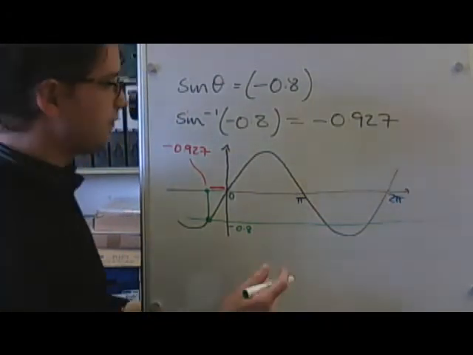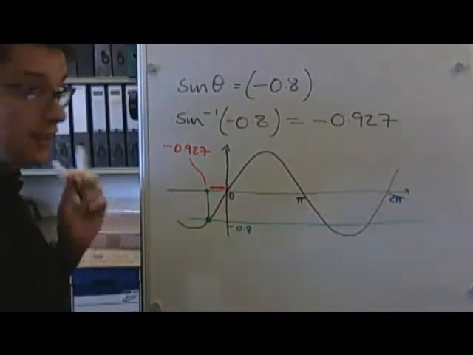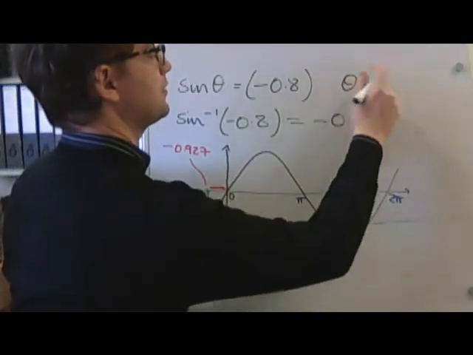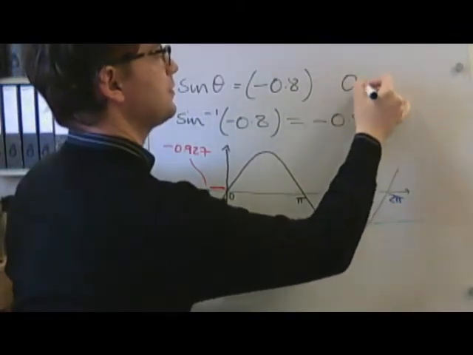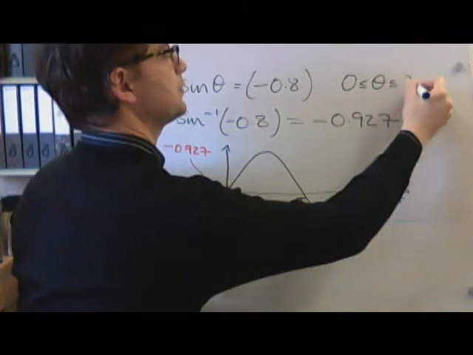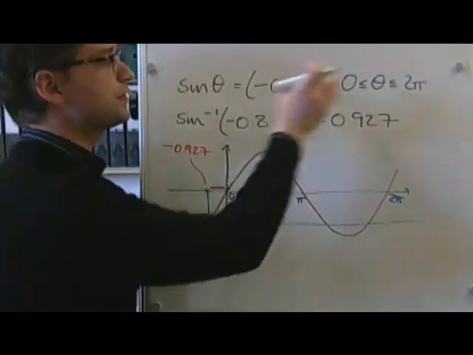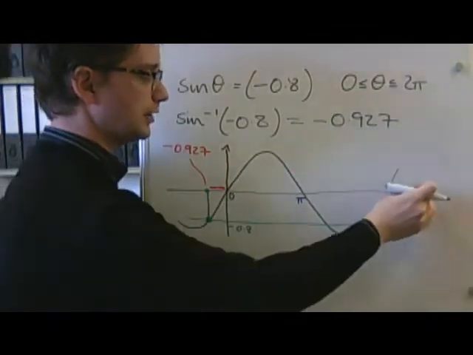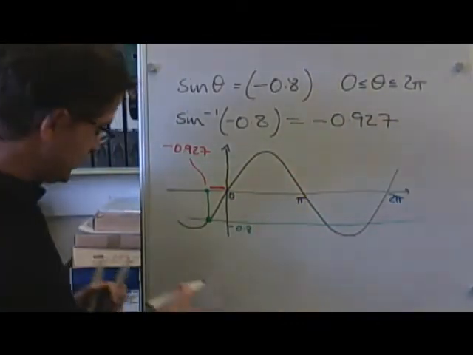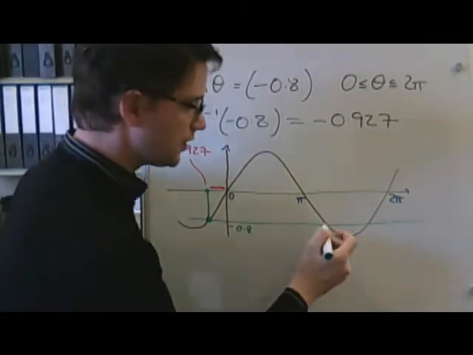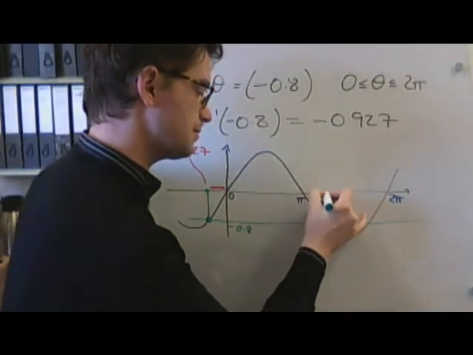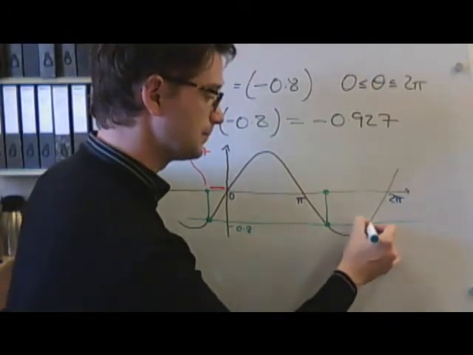What we are now looking for, and I should have said again, we're still looking for 0 is less than or equal to theta is less than or equal to 2 pi. So for the purposes of this example, I'm still trying to solve this equation between 0 and 2 pi. So I'm actually interested in these two solutions, this one here and this one here.